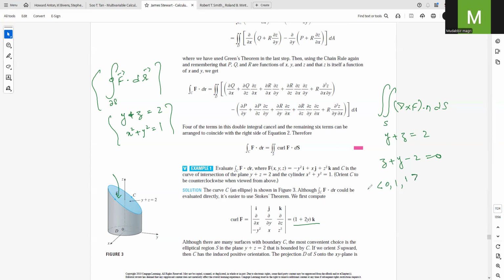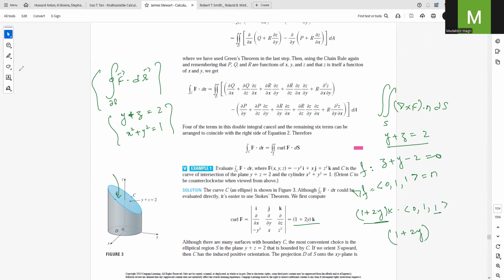So this is the gradient of this function, and this is nothing but the normal vector to the surface, right? So the normal vector is 0 1 1, and 1 plus 2y k dotted with 0 1 1 will only have the k component, so we will get 1 plus 2y.